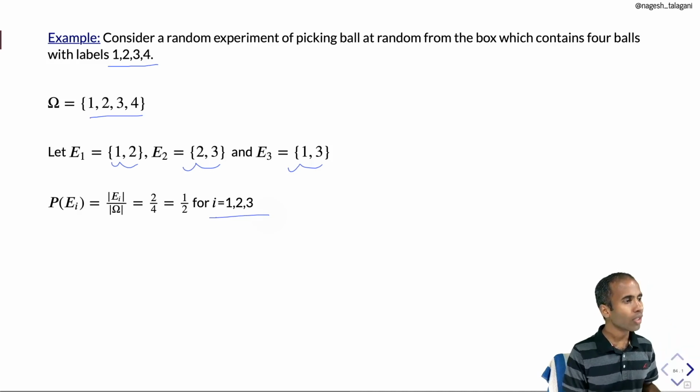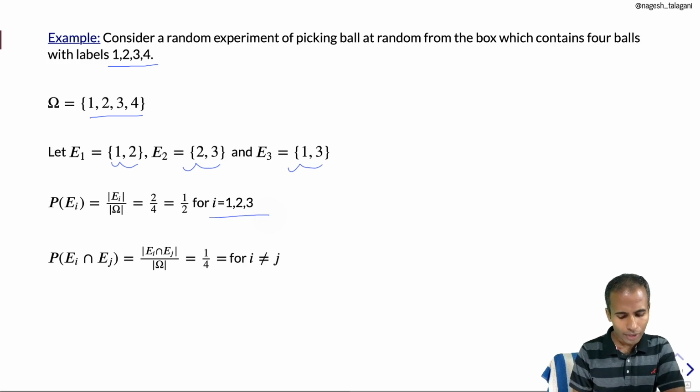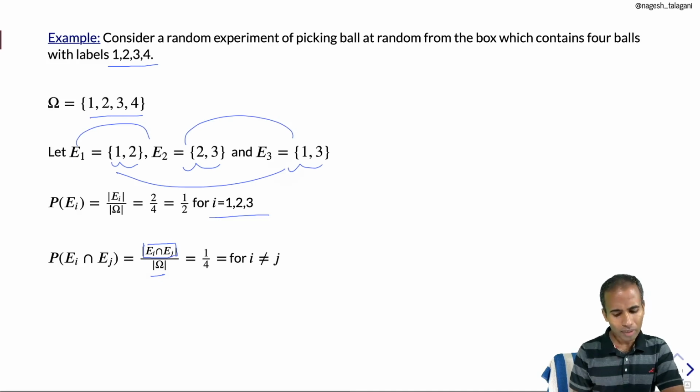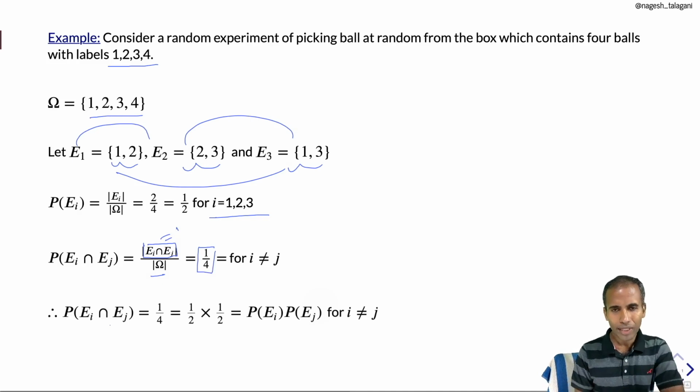Now the probability of Ei intersection Ej is the number of elements in Ei intersection Ej by the number of elements in omega. As you can see, any pair has exactly one outcome in common, so this count is 1 for all i, j. That's why the probability of Ei intersection Ej is 1 by 4 for all i not equal to j. Therefore, this probability can be realized as 1 by 2 times 1 by 2.